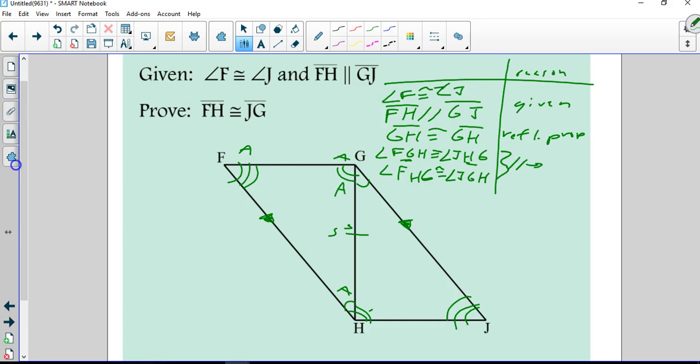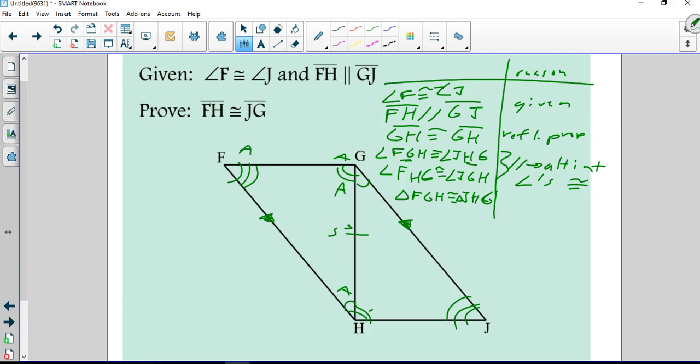If lines are parallel, alternate interior angles are congruent. Now, I can prove my triangles congruent. Triangle, I'm going to go 3, 2, 1 again. FGH is congruent to triangle JHG.